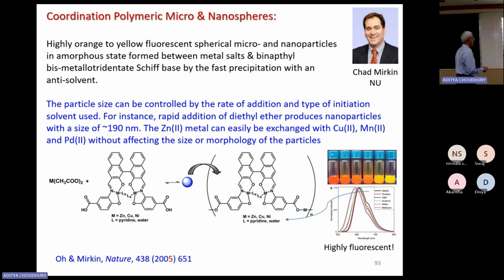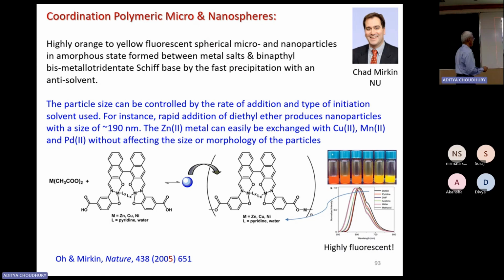He standardized that, and found that the color changes with different types of anti-solvent. Instead of methanol, he used various different solvents, and showed that the color changes very nicely.